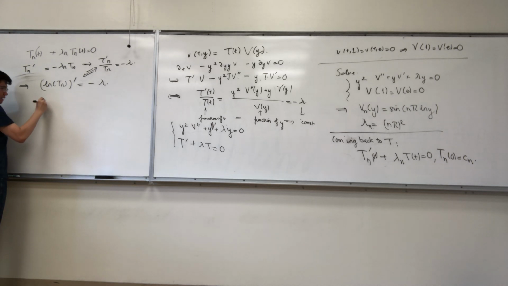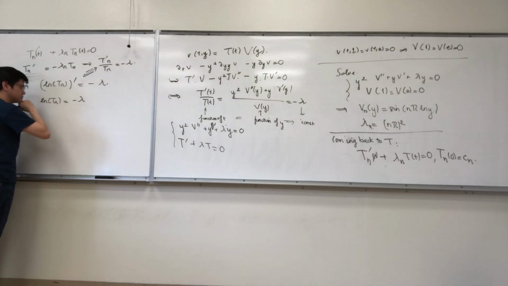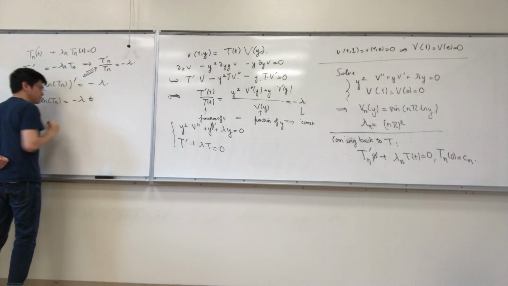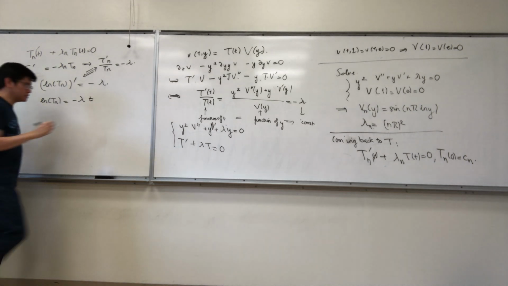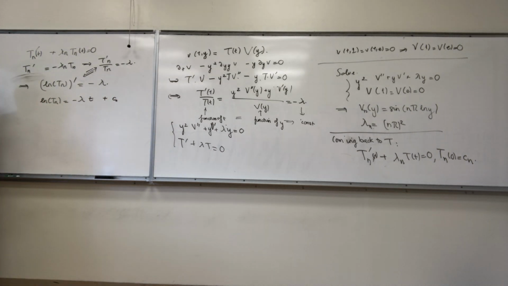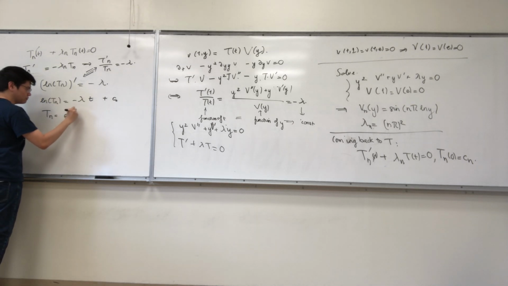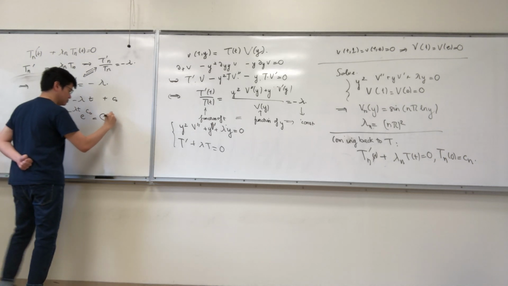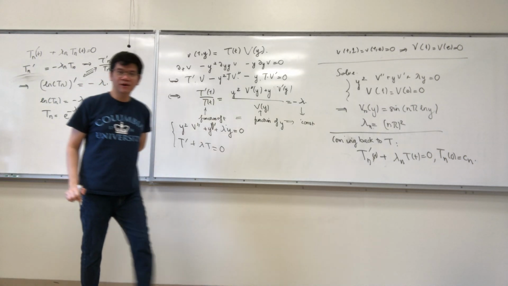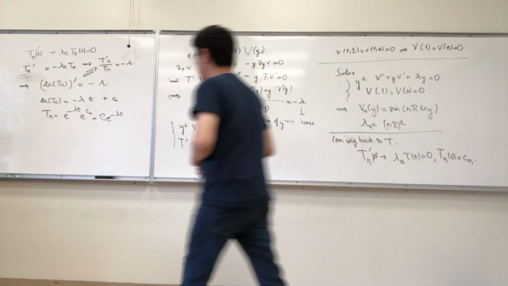This means that log of T n is minus lambda t plus a constant c0, some constant, right? Which means that T n will be exponential of minus lambda t times e to c0, and this is c e to the minus lambda t. All right? This is T n of t.